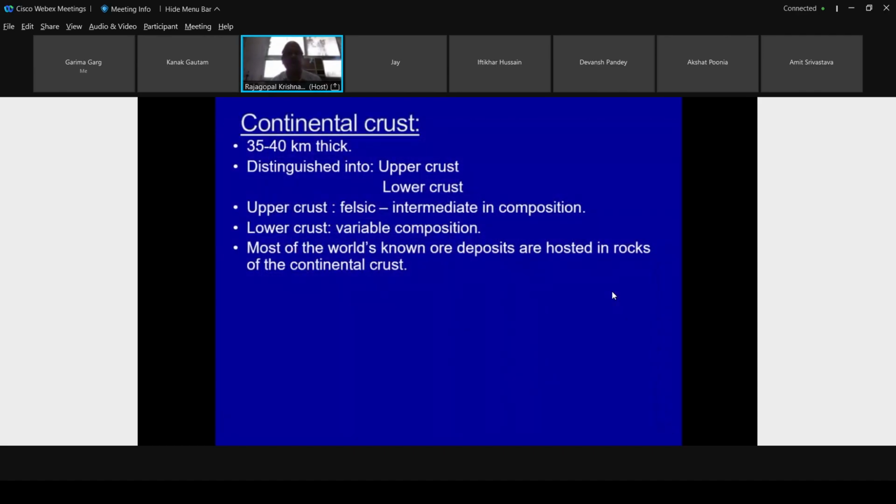So, you're talking about the crust. The crust is 35 to 40 kilometers thick. You have the upper crust, lower crust. Upper crust is felsic.